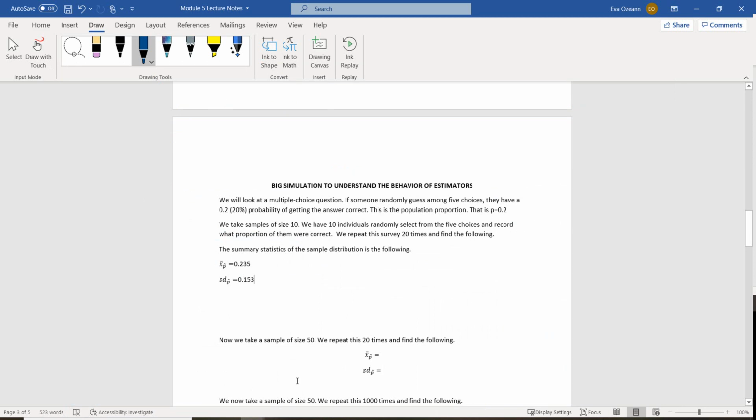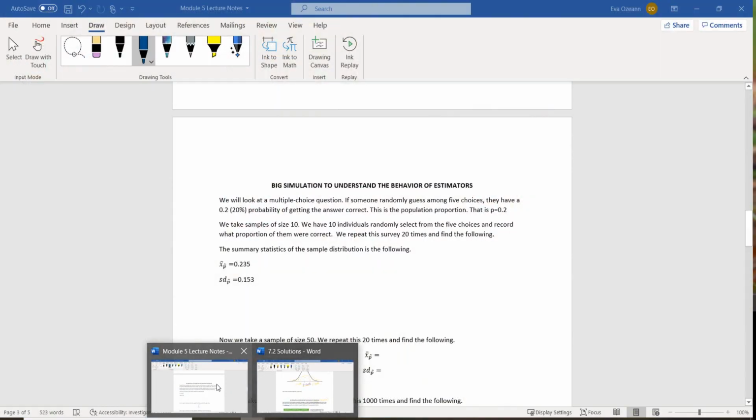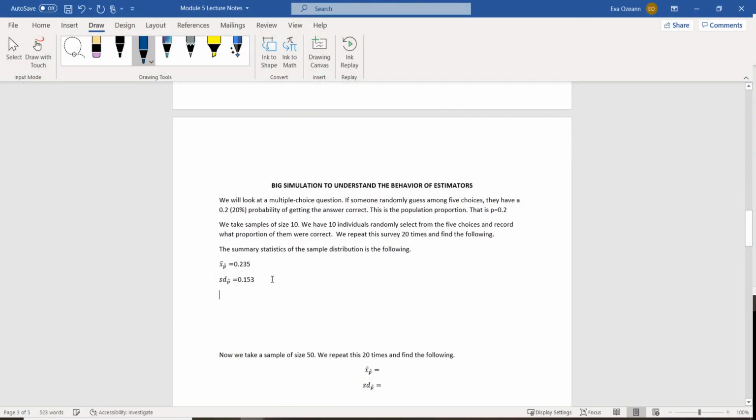So let's think about this. We know what distributions look like, and we know what averages and standard deviations are, but what does it mean in the context? Well, this is what it means in the context. It means the average sample will have a correctness rate of 23.5%, and the standard deviation means give or take 15.3%.